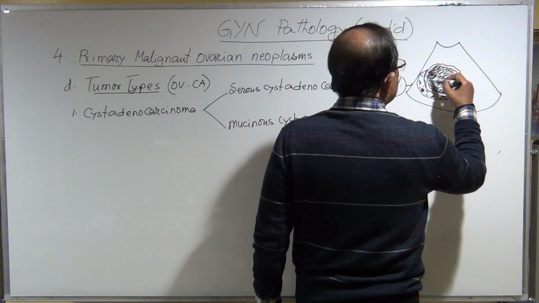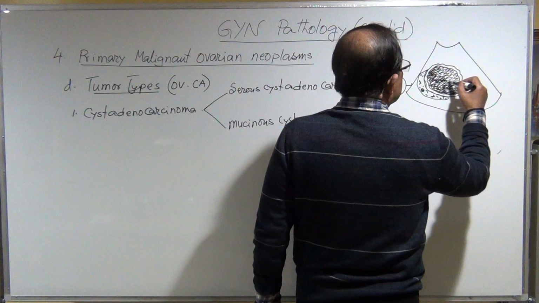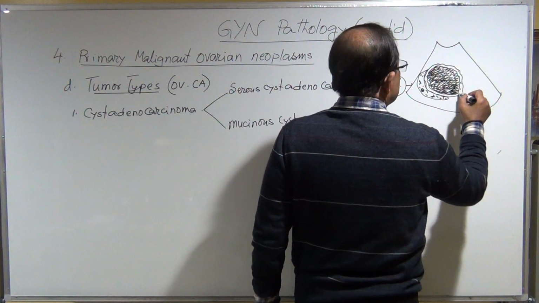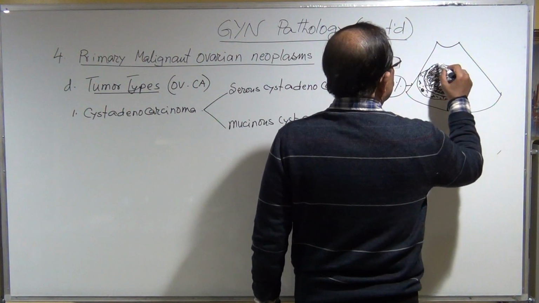But in benign cyst, mucinous cystadenoma, serous cystadenoma, their wall is thinner, usually less than 2 millimeter.